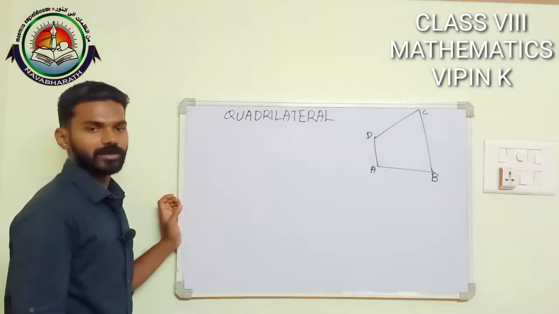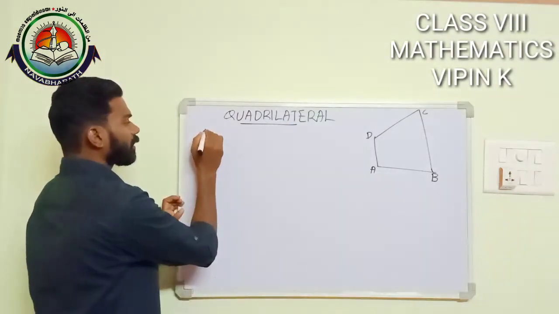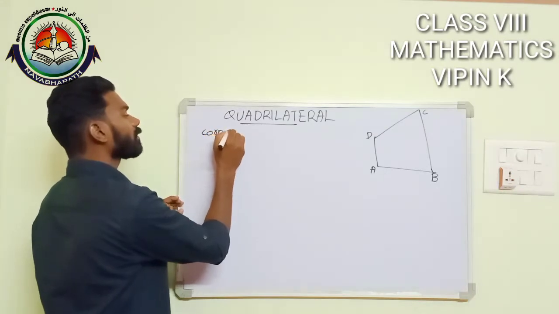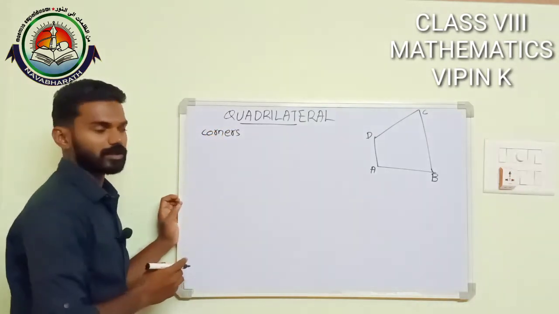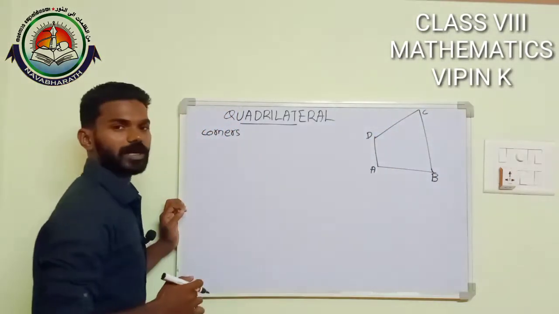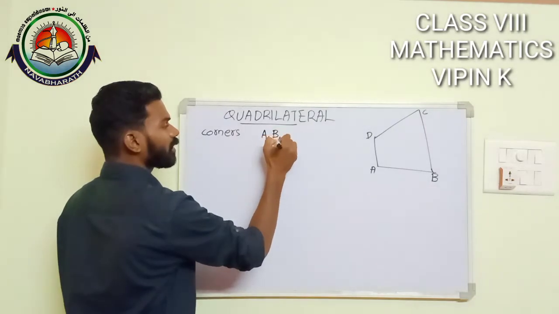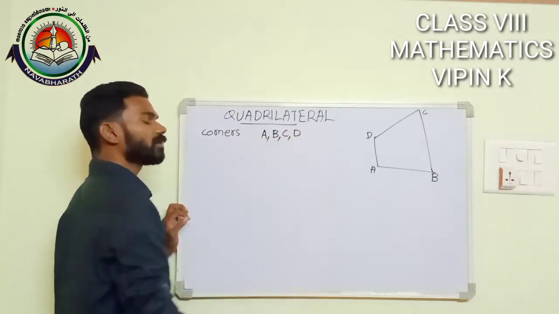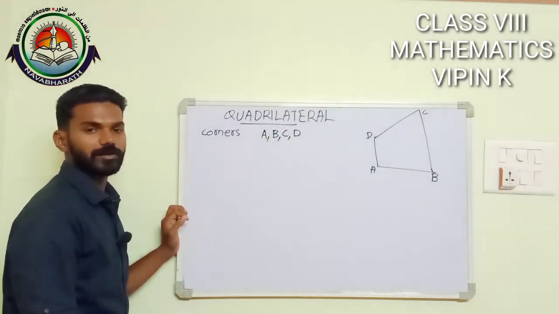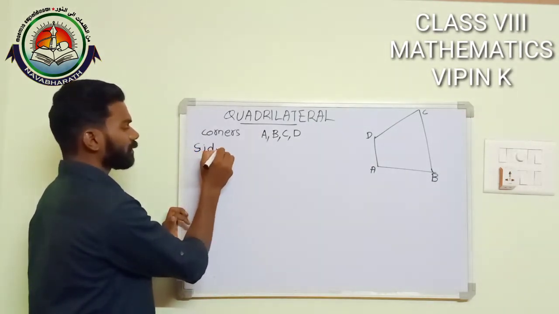Clear? Now, first of all, for a quadrilateral, I am going to consider the corners. Which are the corners? A, B, C and D. Clear? Now I am going to consider the sides of the quadrilateral.